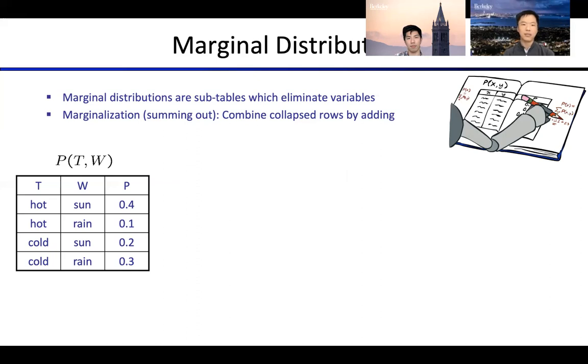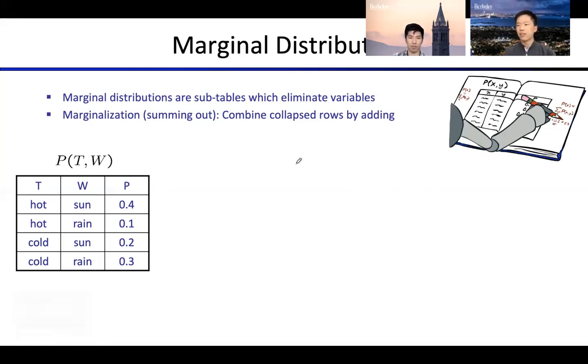The next part is marginal distributions. Marginal distributions are subtables where we eliminate some of the irrelevant variables. Marginalization, the process of summing out irrelevant variables, basically combines and collapses rows by adding the rows that correspond to the irrelevant variables.